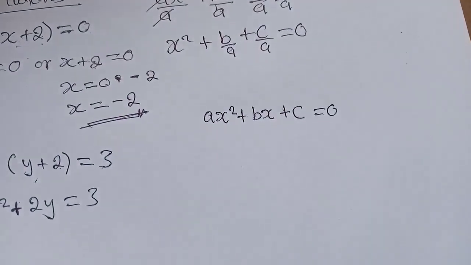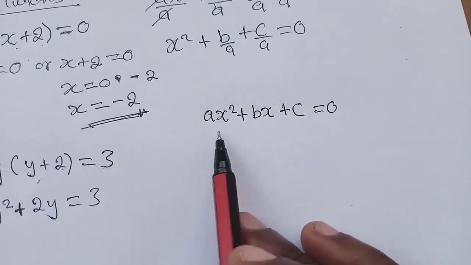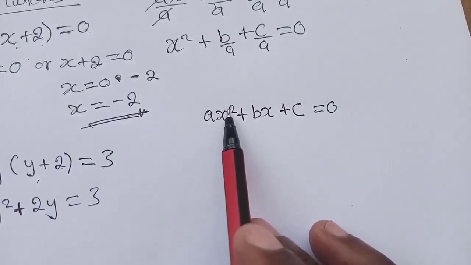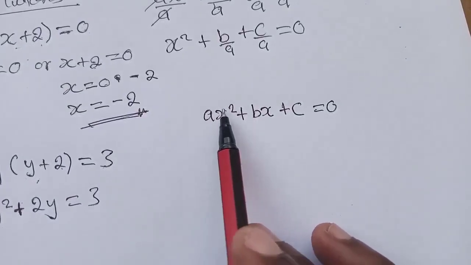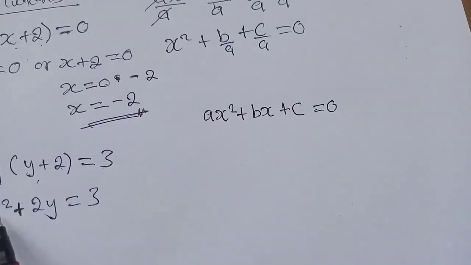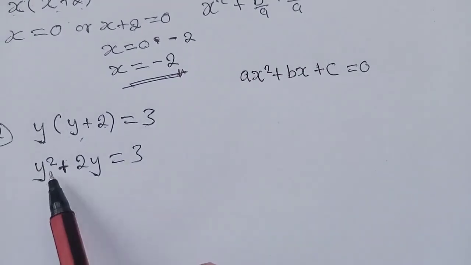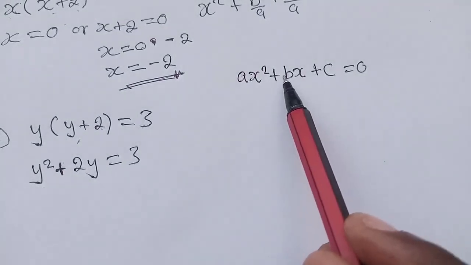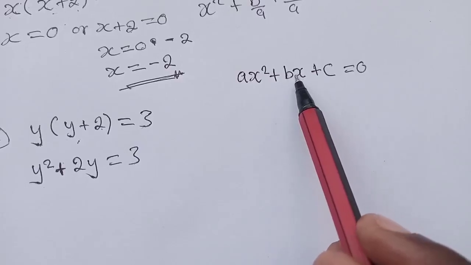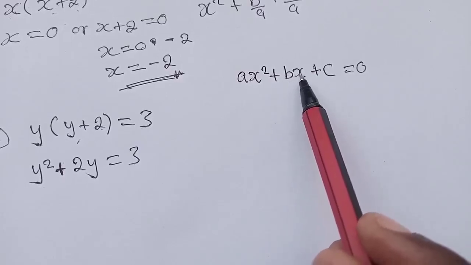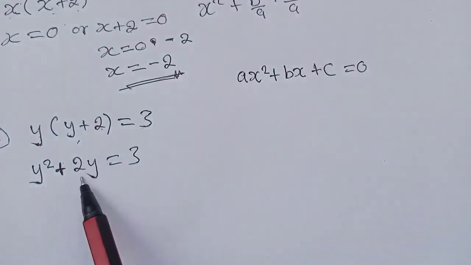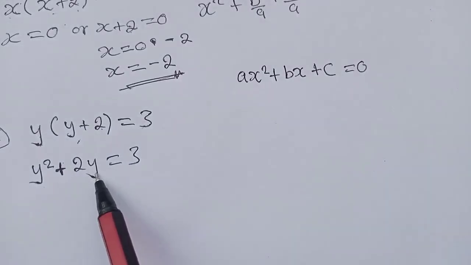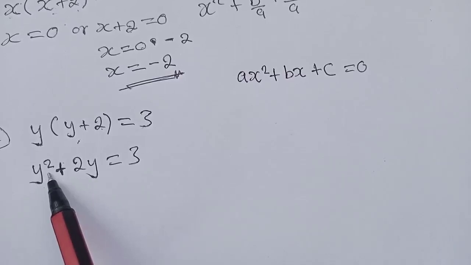So you find that the term that is squared has to be in the first position. Then the one that is not squared but is attached to a letter has to be in the second position, the one that follows the squared term.